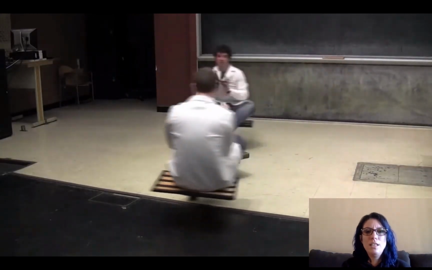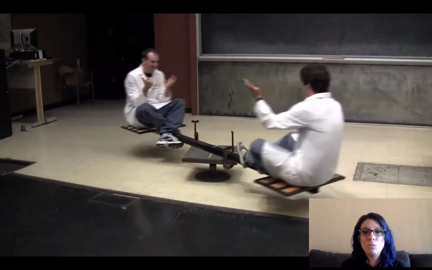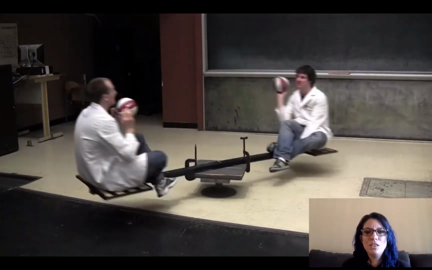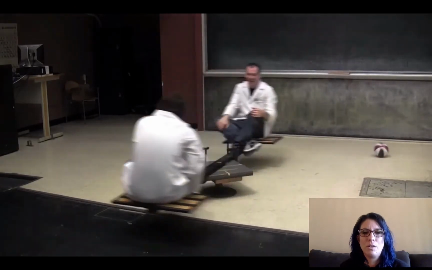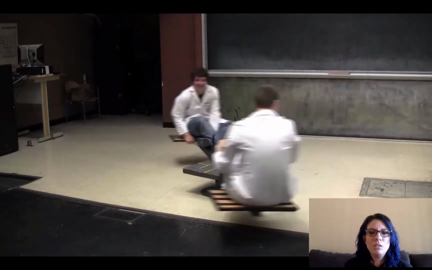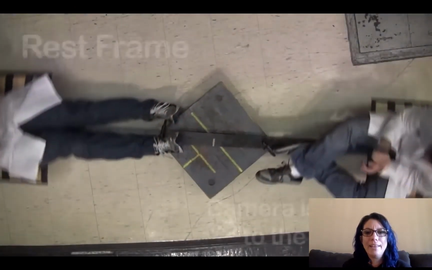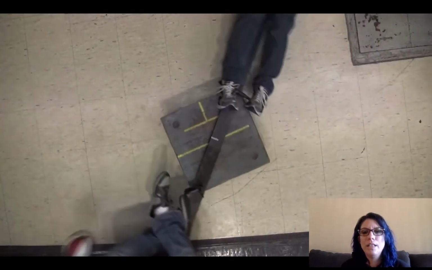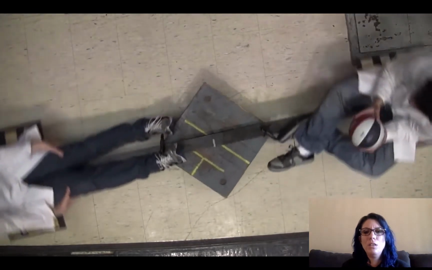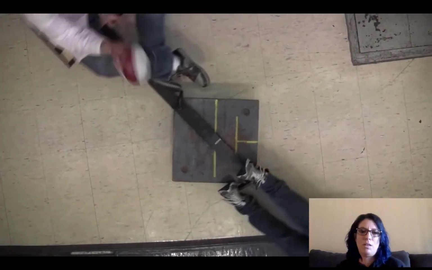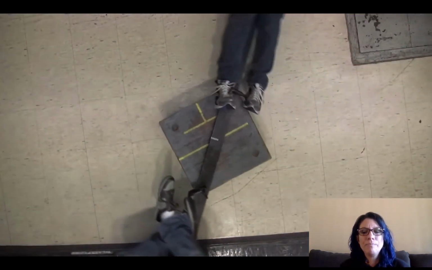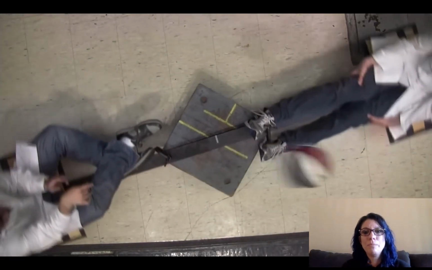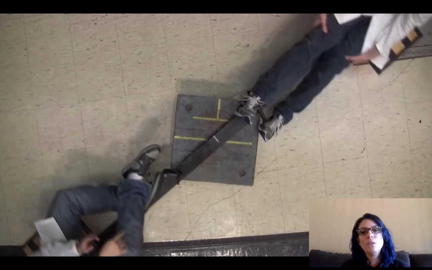You can see that as they're moving, the ball is still going in a straight path. It's the fact that they're actually moving away from that straight path. So if you're not looking at it from their perspective, it's going to appear like it's actually going to the right.